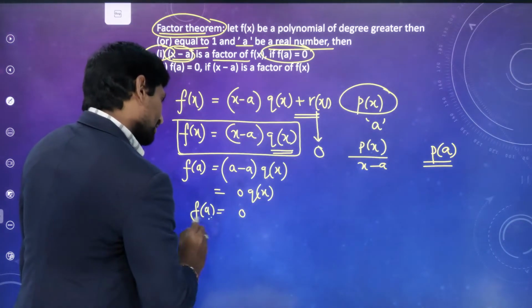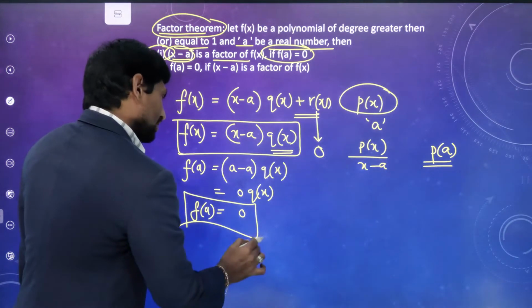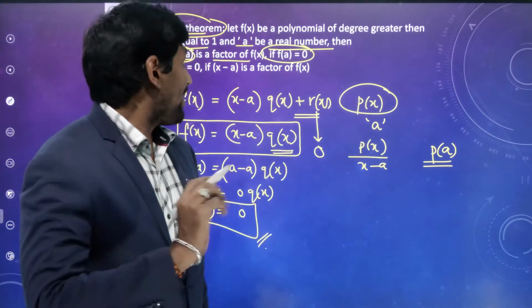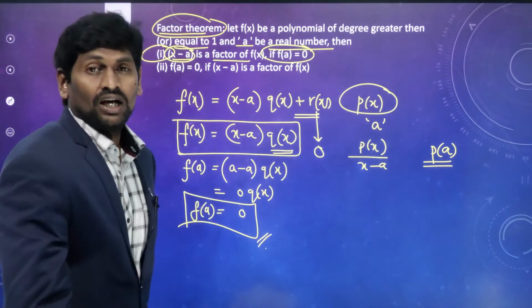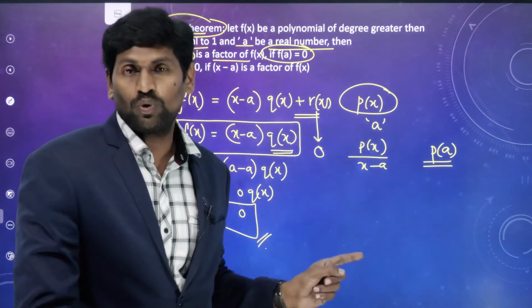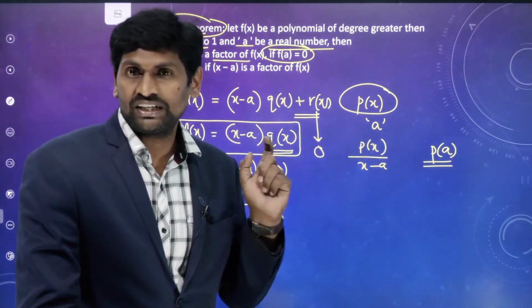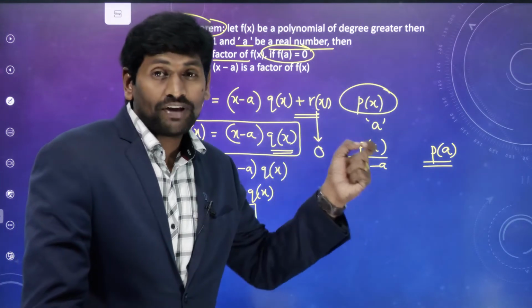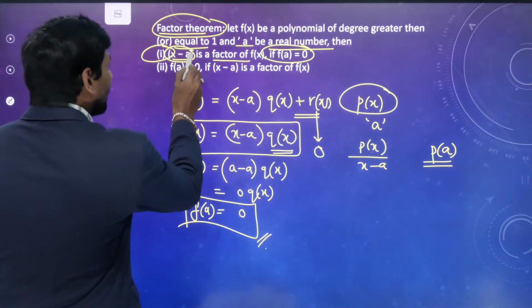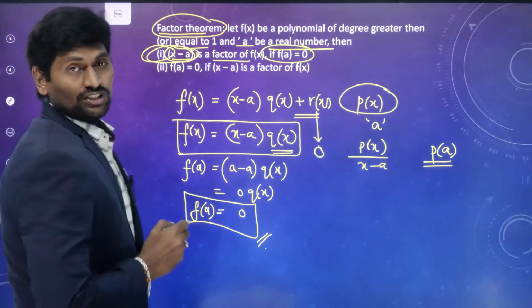So from this we can prove that f of a equals 0. Simply, the factor theorem is, if you take any polynomial whose degree is greater than or equal to 1 and a is any real number, then when f of x is divided by x minus a, f of a equals 0.